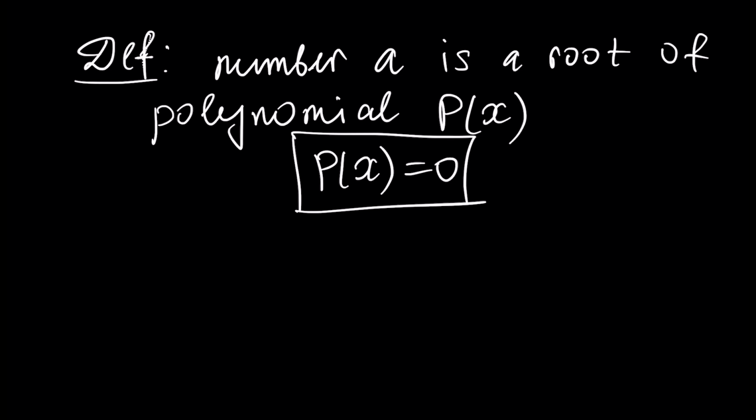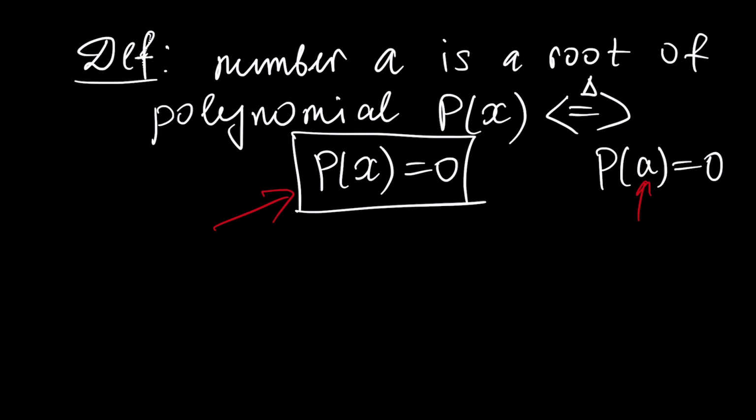This is the same thing. The root of this polynomial means, by definition, if and only if p of a is equal to 0. So when we insert number a in our polynomial and it will be equal to 0, then number a is a root of our polynomial, or this is the root of this equation.